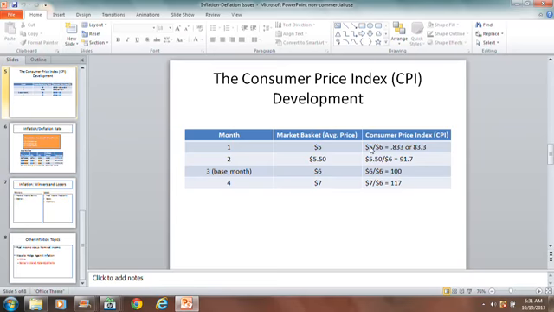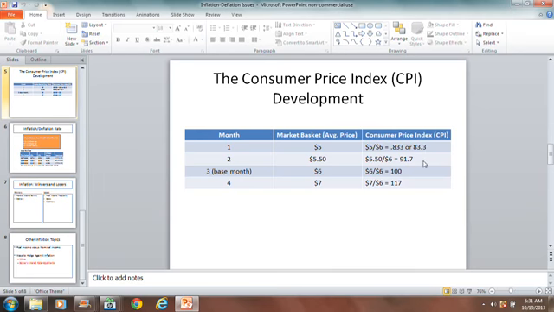So for month 1, I take the average price of $5 divided by the base month average price of $6, and I get a CPI value of 0.833. If I move that decimal place 2 places to the right, I end up with 83.3 basis points. CPIs and most indexes are usually expressed in basis point format, and all you're doing is moving the decimal place 2 places to the right.